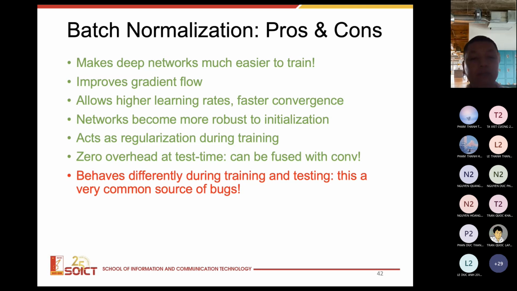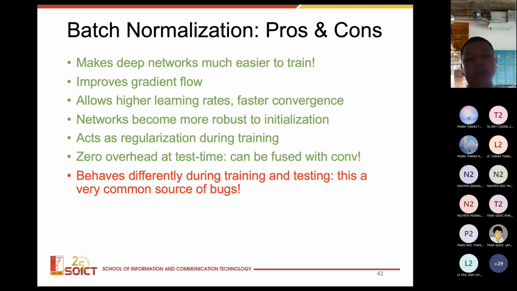It can also act as a kind of regularization during training, because when you do batch normalization, you recalibrate each input by considering the other inputs in the batch.